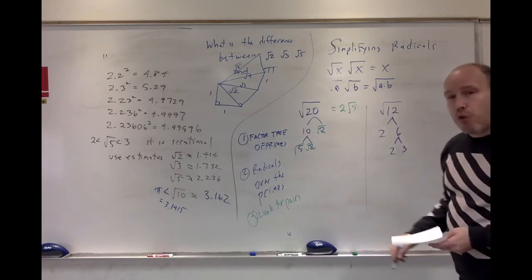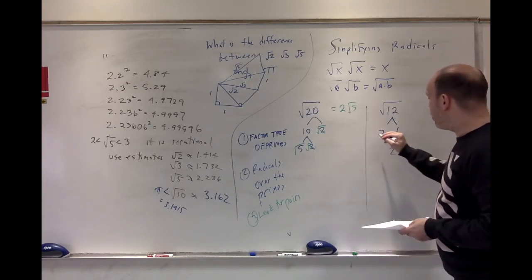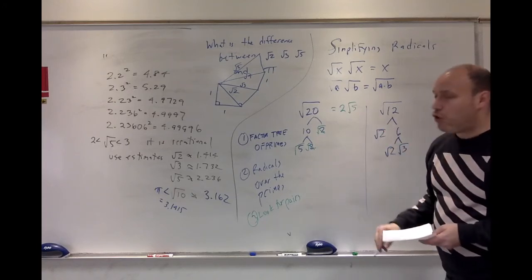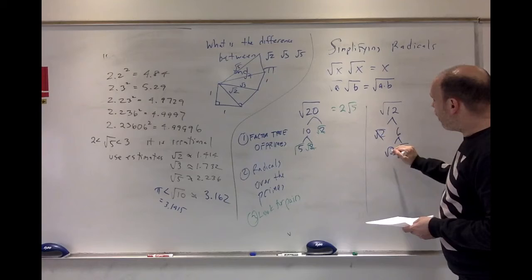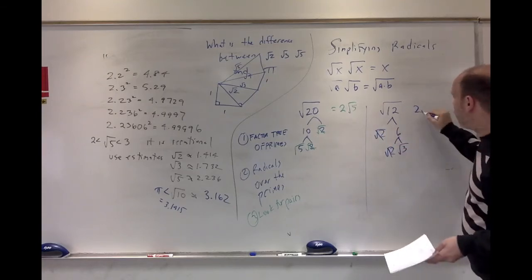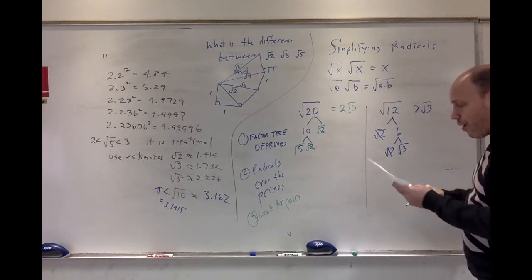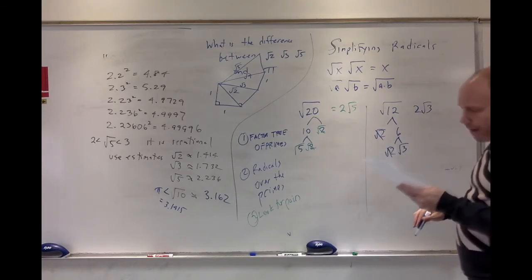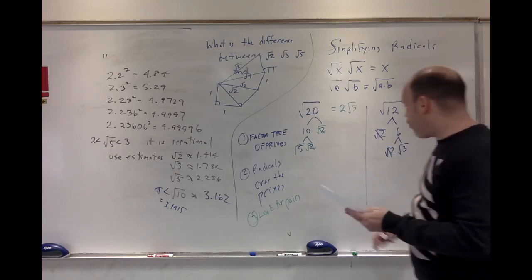Step 2, put radicals over the primes. Step 3, look for pairs. 2 times 2 is 2. This 3 is still here. It stays under the radical. 2 radical 3. How about we try my favorite one, radical 48.